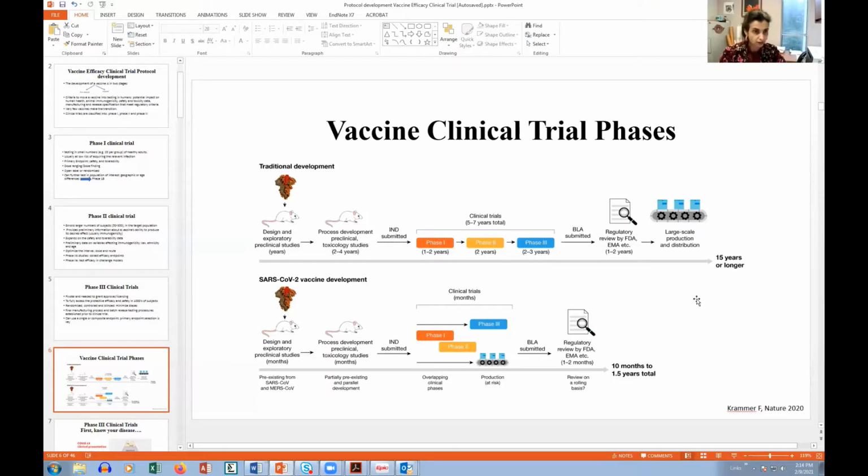And it could have all been for nothing if, for example, a significant safety signal was observed in the phase 1, or the animal data actually was one of the things we were waiting on. If the animal data revealed enhanced disease, we would have to reconfigure some of the way we collect data on the phase 3.